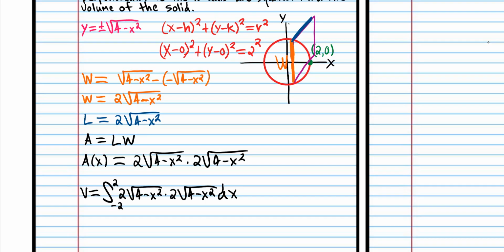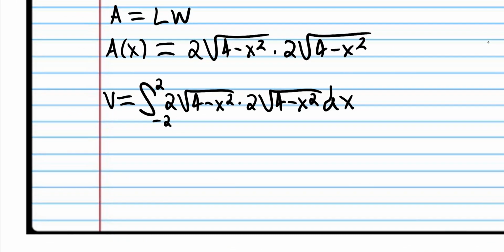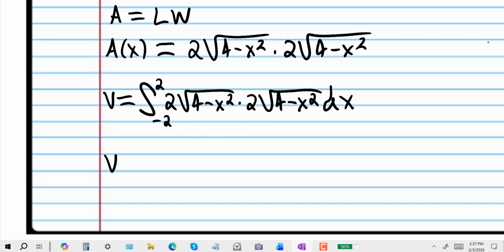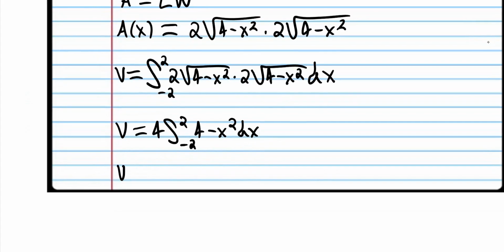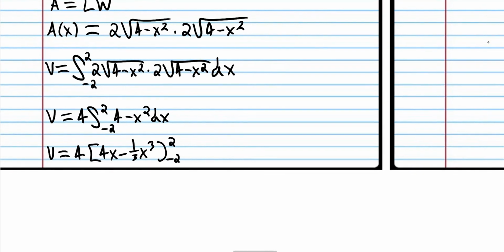All right. So we multiply these 2's together, we get 4. And I'm going to go ahead and put that on the outside of the integral. When we multiply these roots together, we're just going to get rid of the roots. We're left with 4 minus x squared. Okay, so now we can integrate, and we get 4x minus 1/3 x cubed from -2 to 2.